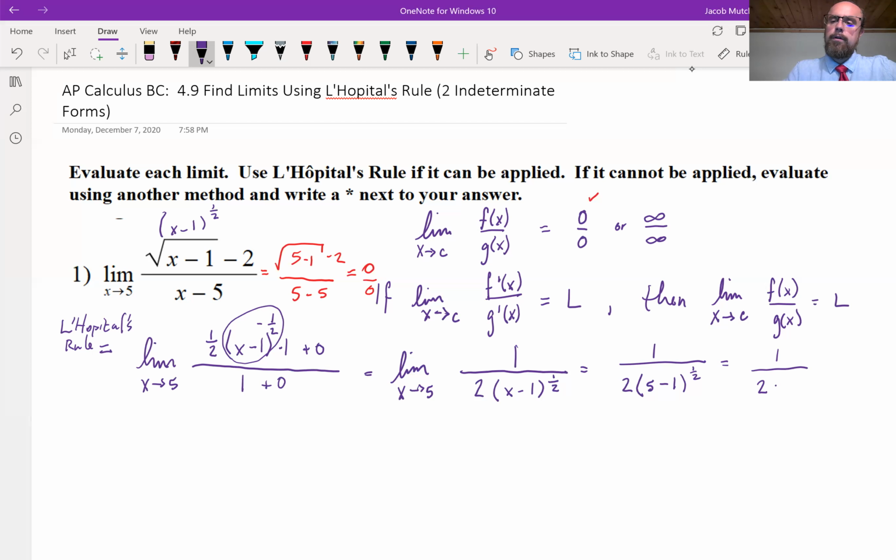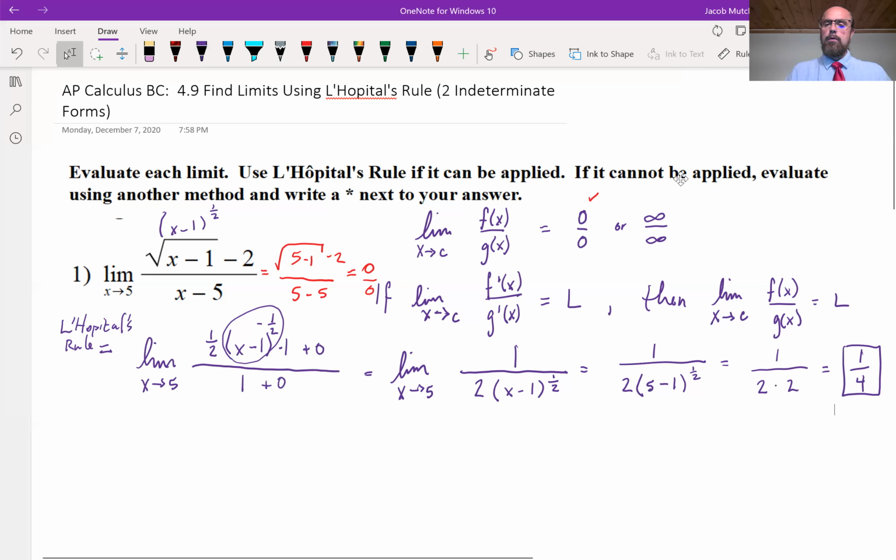Square root of 4 is 2, and that solves readily as 1 over 4, and we are complete. So in that instance, we applied L'Hopital's rule once in order to come up with a form that wouldn't give that indeterminate form 0 over 0.